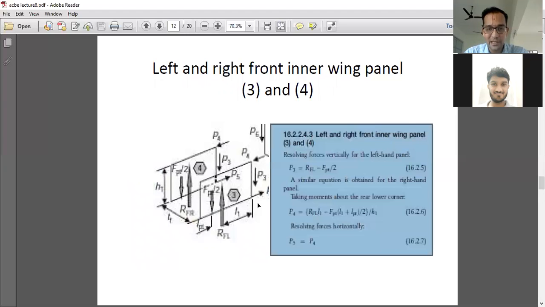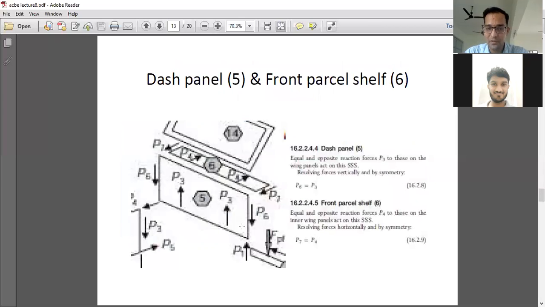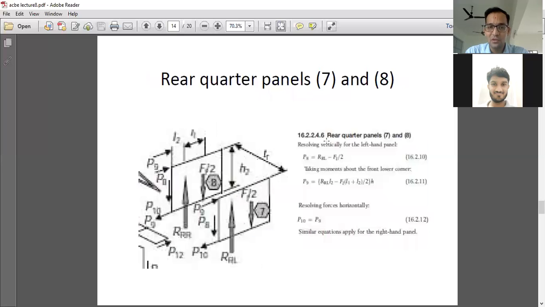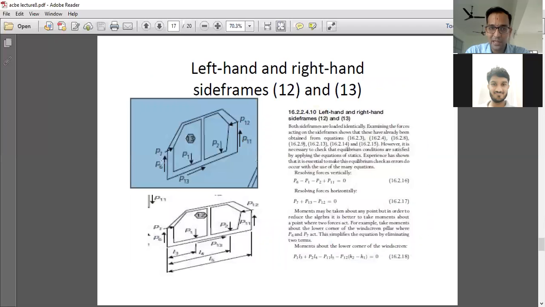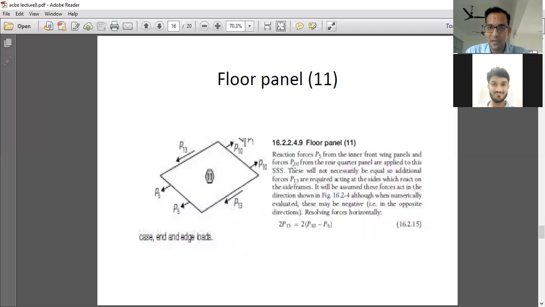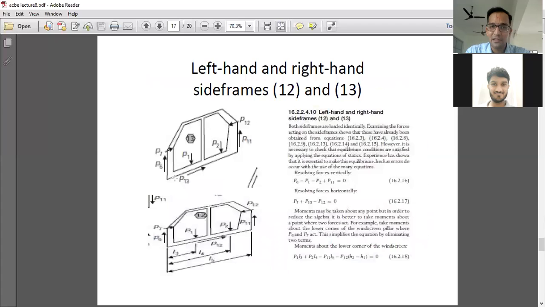To have its reaction in the next panel, we are keeping it in equilibrium with upward direction consideration. To have its reaction, we have P6 in downward direction. And now in this session, this P6 is working in upward direction when that frontal panel, or dash panel, is having contact with the left or right hand frame panel. We have P6 for both left and right panel.